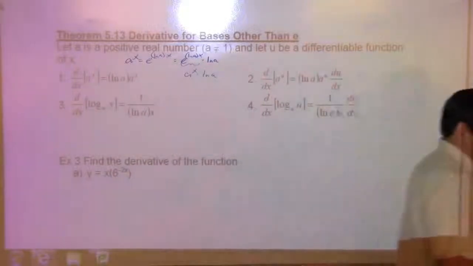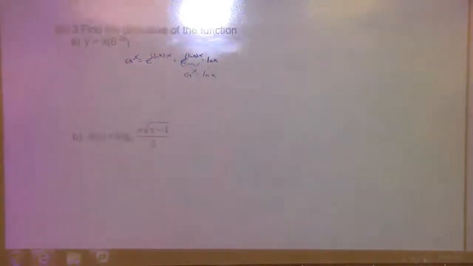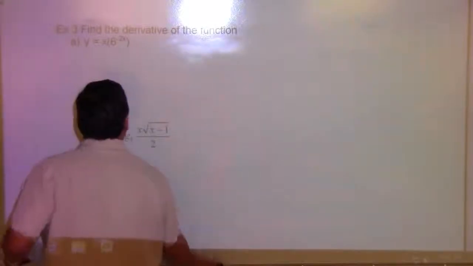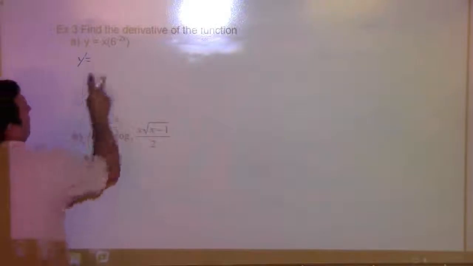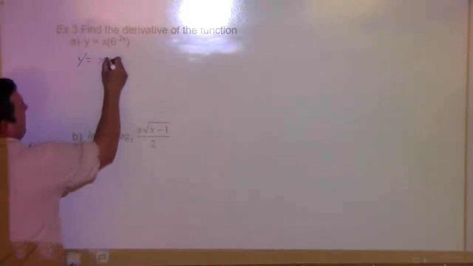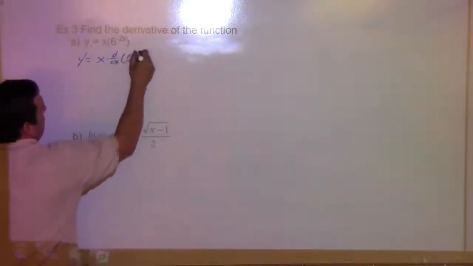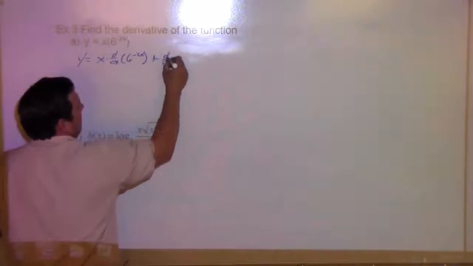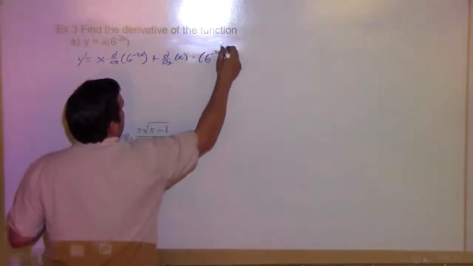Let's scroll this up. Let's find the derivative of the function. So y prime is going to be, we got a product rule, so it's x times this derivative plus the derivative of x times 6 to the negative 2x.